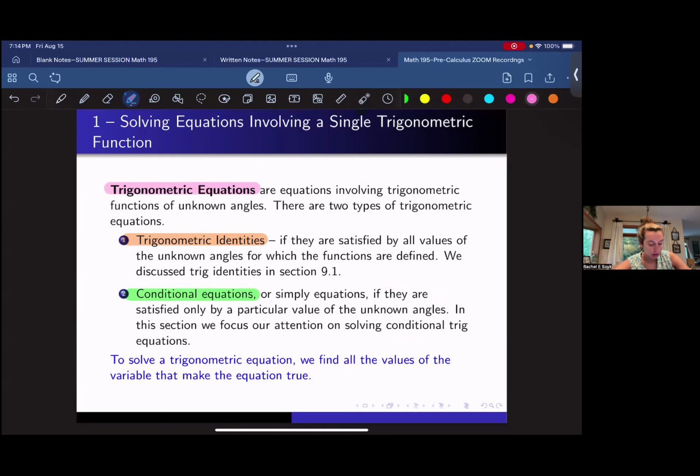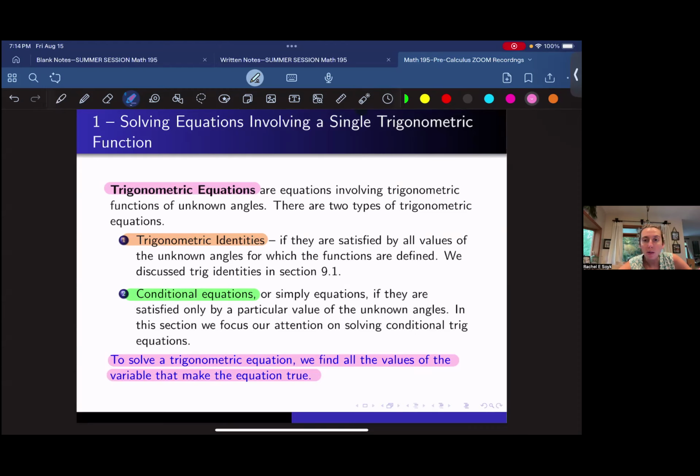Lastly, in order to solve a trig equation, we need to find all the values that make the equation true. Sometimes we'll have one solution, sometimes two solutions, and sometimes if there are no bounds, we can have an infinite number of solutions, but we need to be specific with that infinite number along our circle. What do I mean by that? Think coterminal angles.